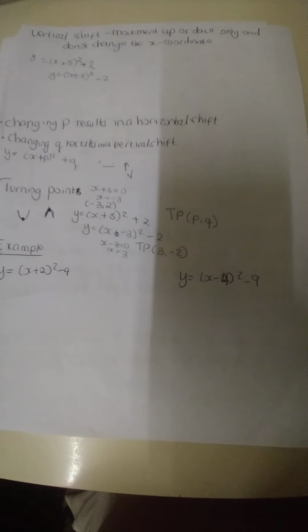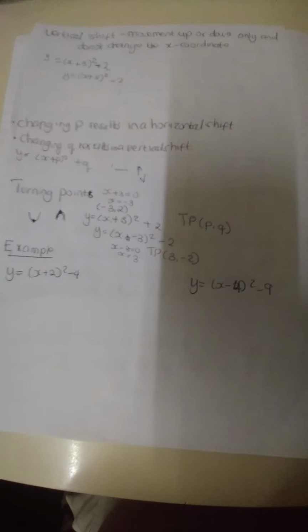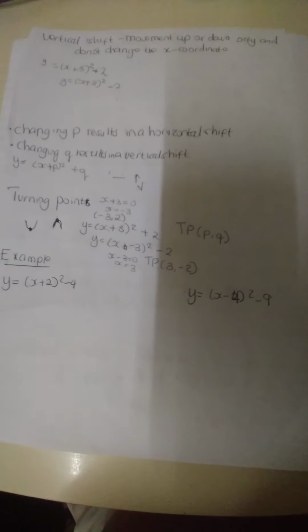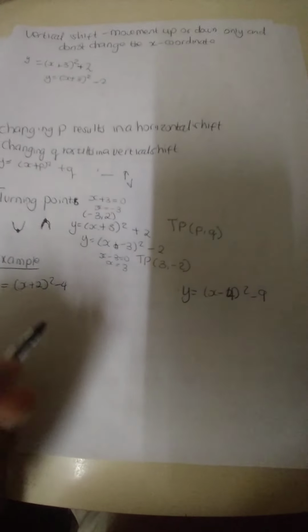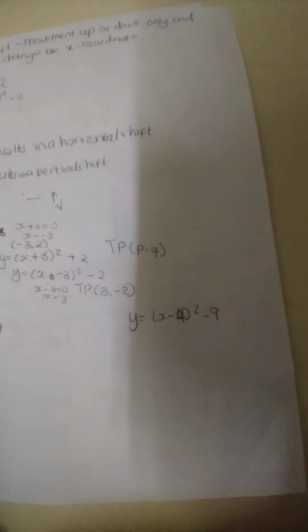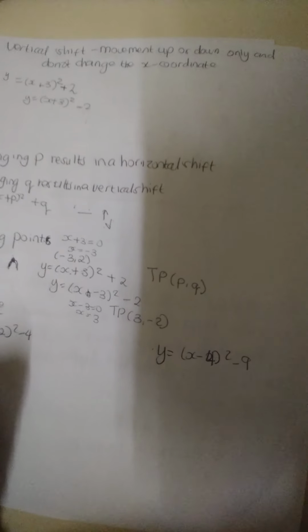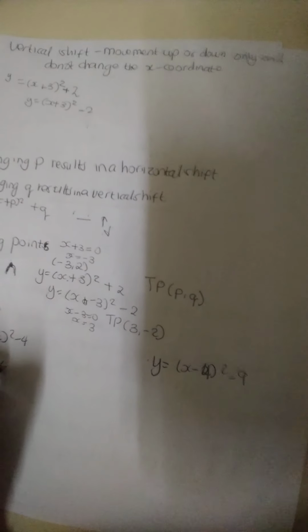So I made 2 examples here so that you can get the idea of how to describe the shift and how to also state the turning point. In these 2 examples, we're going to state the turning point, and then we're also going to describe the shift. So our turning point here is −2 and −4.